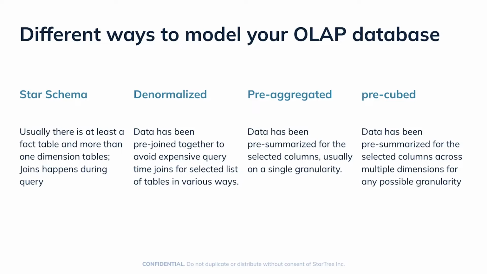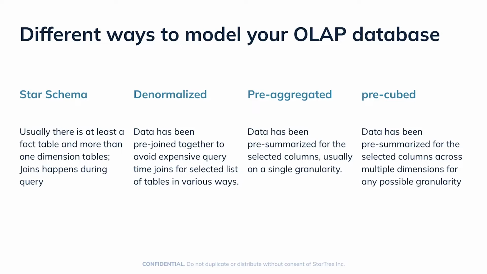So one more step ahead is the pre-cubing. Basically, you can do this via multiple different dimensions, multiple different angles, to push aggregate on one or multiple of these dimensions in order to get some of these pre-aggregation results in various different fashions.